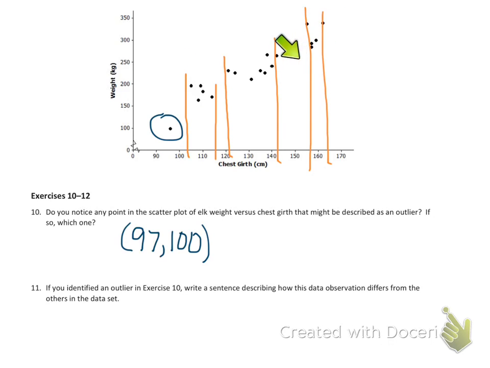Males tend to be much bigger, males and females and younger. So these clusters could be groups in that sense. If that were true, somebody studying this correlation might want to separate out the younger elk, the females, and the males. But there does still appear to be this positive linear correlation in this data.